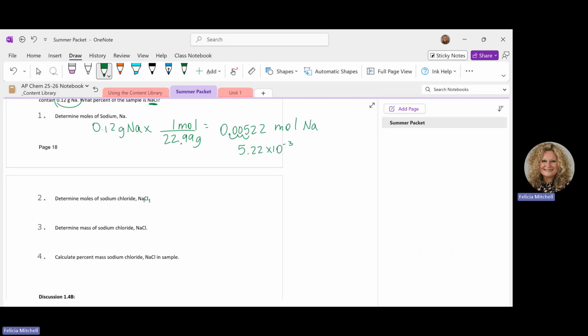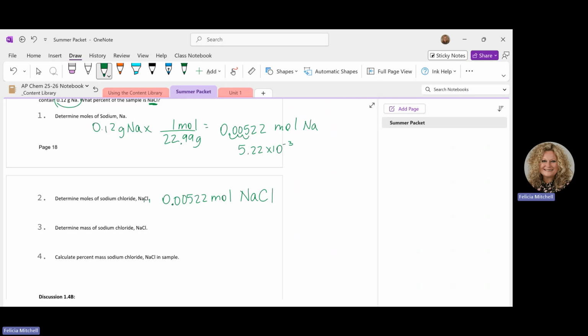That is the most abstract part of stoichiometry. What am I saying? I'm saying that if I know that that is how much Na I have, that's also the number of moles of NaCl I have, because they're in a 1-to-1 ratio together. Okay, put a star by that if you're struggling with that.